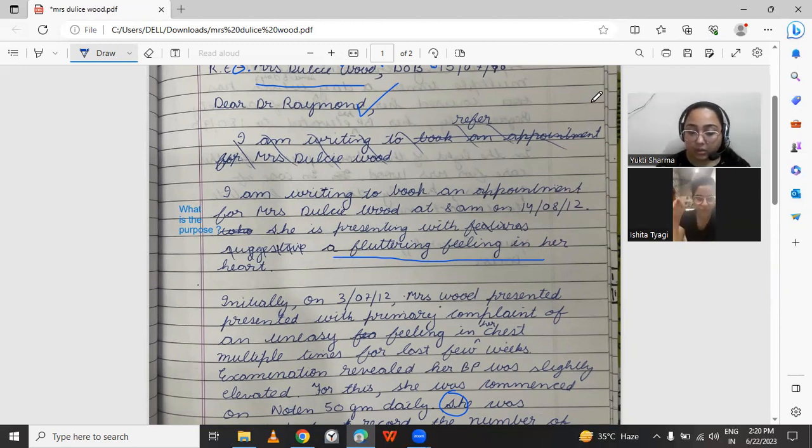Actually, I was very confused regarding the purpose because in the writing task, I was supposed to book an appointment, but a line above that, it said that the patient wants to be referred. So I was confused what the writing task is. Yeah. So see, there is this fluttering feeling which the patient is experiencing, and he wants you to book an appointment with this doctor. So, what is the reason?